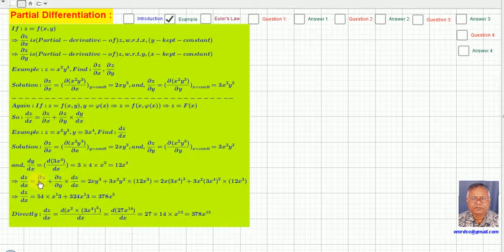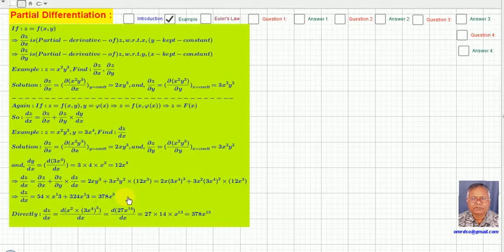Now putting the values in, dz/dx is equal to 2xy cube plus 3x square y square into 12x cube. That finally comes equal to 378x cube.